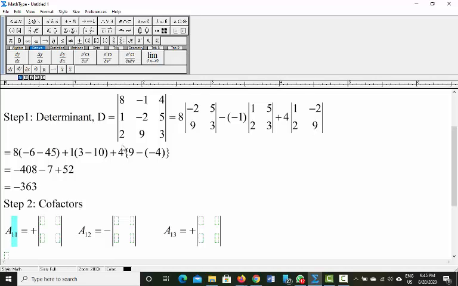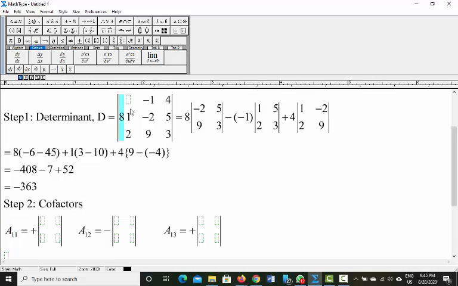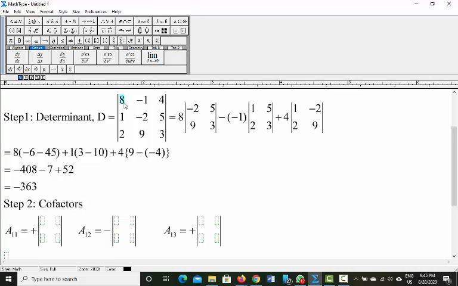When you want to find the cofactor of this one, we will ignore the first row and we will ignore the first column. So we will be left with minus 2 5 9 3.